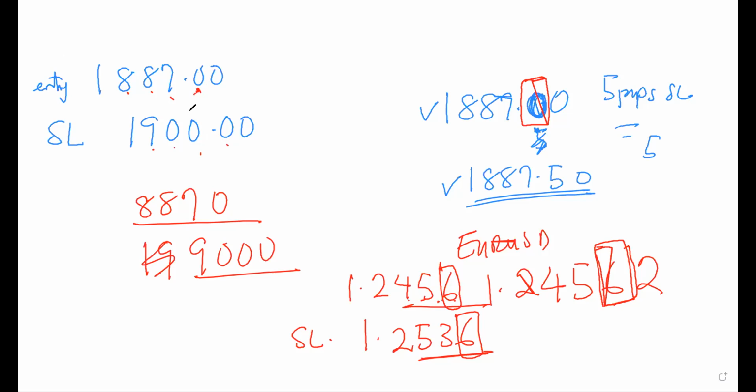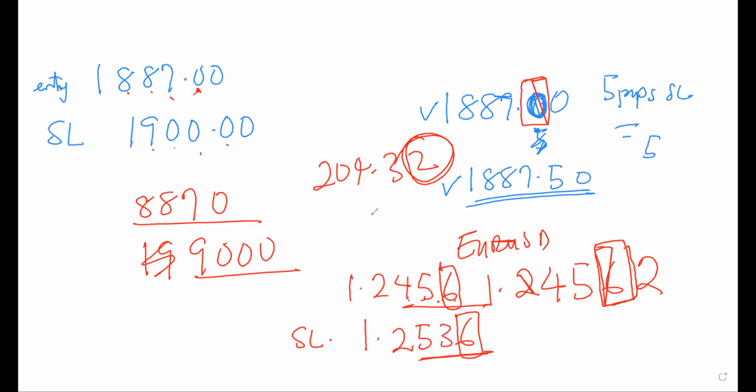For normal currency pairs like Euro USD and GBP USD, the fourth decimal point is the most important. For JPY pairs, it is the second decimal point that's important. So for USD JPY, for instance, you can have 204.32. This 2 is the most important.